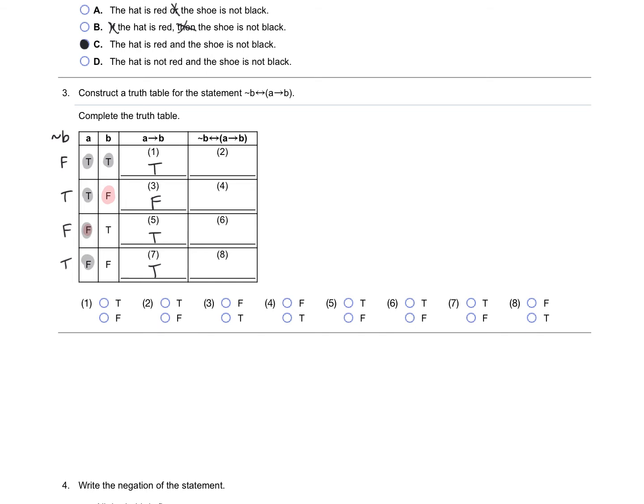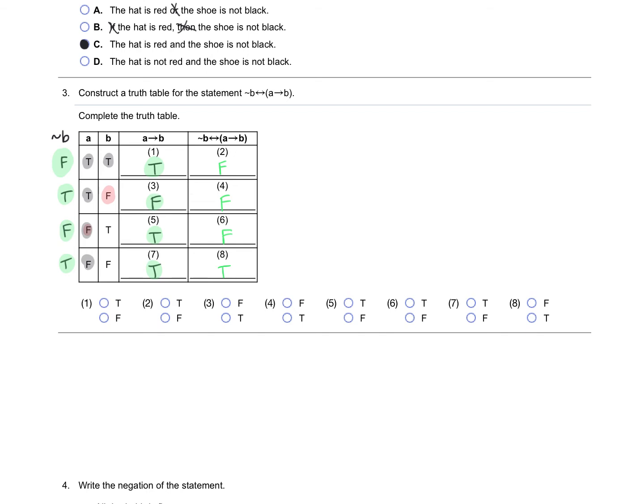So we're looking at false, false, and true. Those are not the same, so this is going to be false. True, false, those are not the same, so this is false. False, true, not the same, so this is false. And then finally we have true and true. Those are the same truth value, so it would be true. If we had false, false, it would still be true. If it's the same truth value, then it's true. That's for the biconditional.